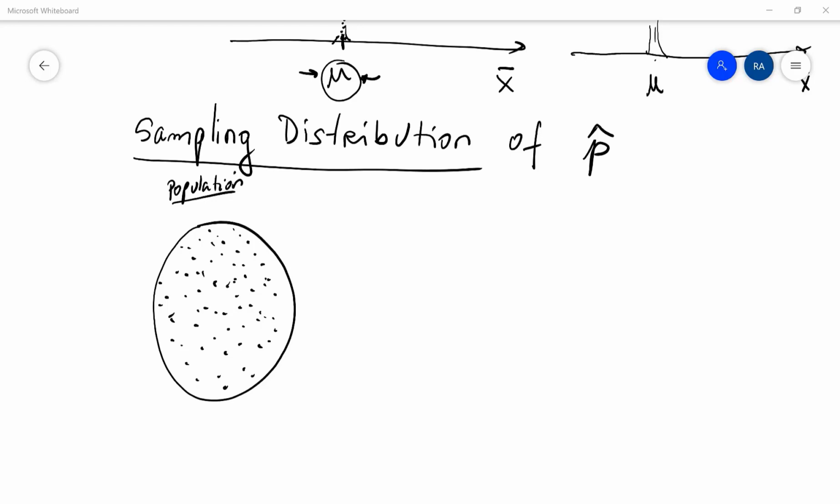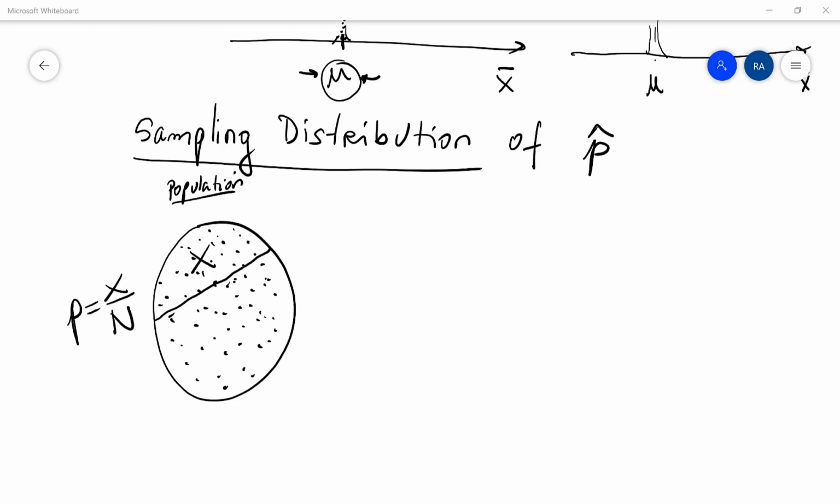For example, if it's a quantitative variable, it could be height, weight, IQ, or a qualitative variable like political affiliation, religion, culture, etc. Suppose that we gather all members of the population that fulfill one condition in this characteristic, and we count all of them, and if we want to compute the proportion of all items that fulfill that condition, it is given by this quotient. We count all members that fulfill this condition and divide it by the total population size.